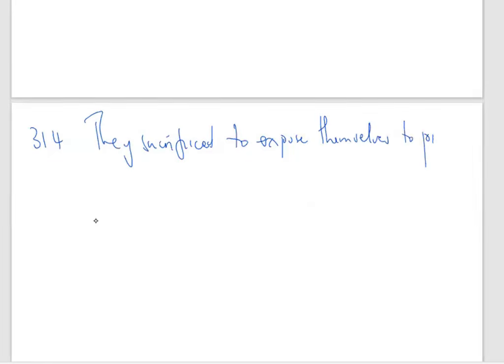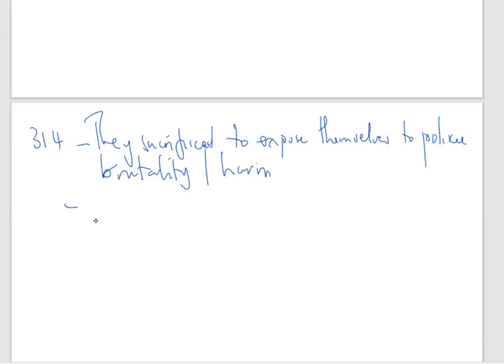It meant that they sacrificed to expose themselves to police brutality or to harm, because the police would respond in a harsh way that would harm the protesters, even though they were non-violent.